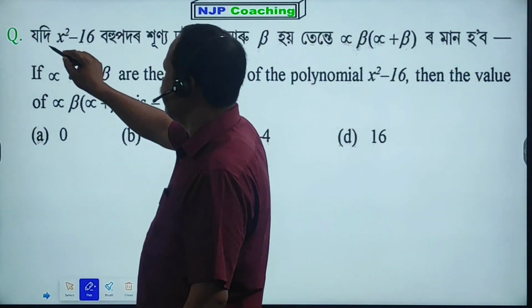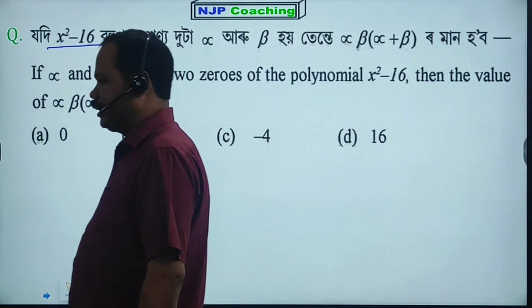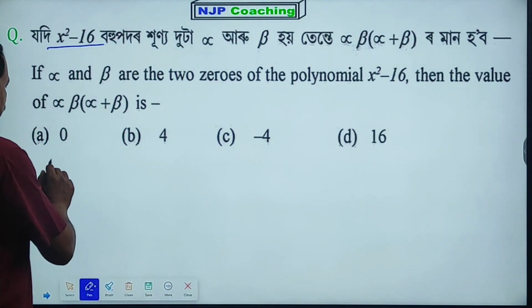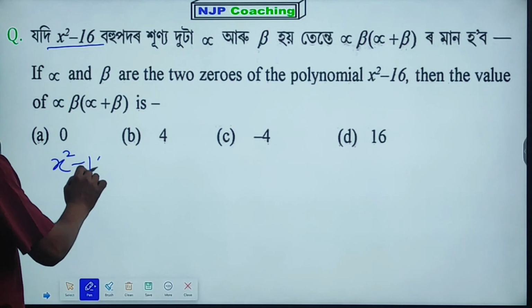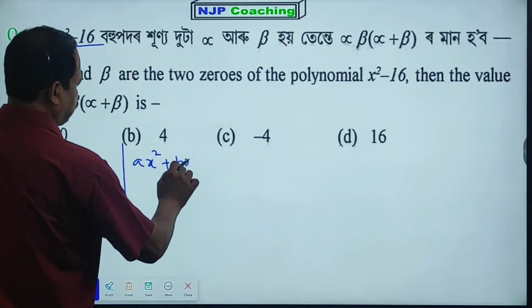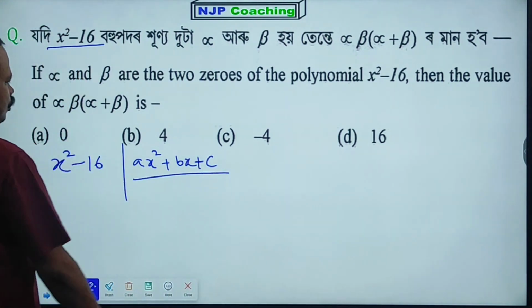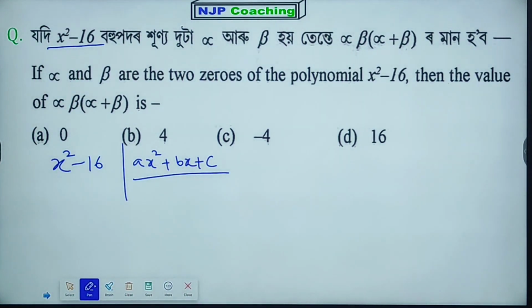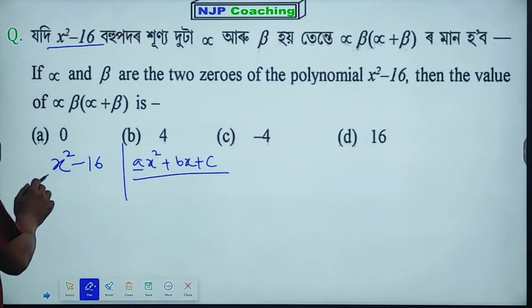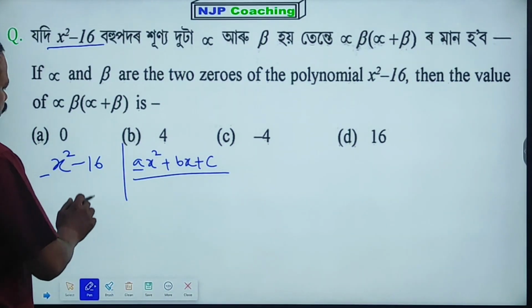So we are given the quadratic polynomial x square minus 16. I have said before, whichever quadratic polynomial is given, we compare with ax square plus bx plus c. This quadratic polynomial is in standard form, and a is 1, a value 1.